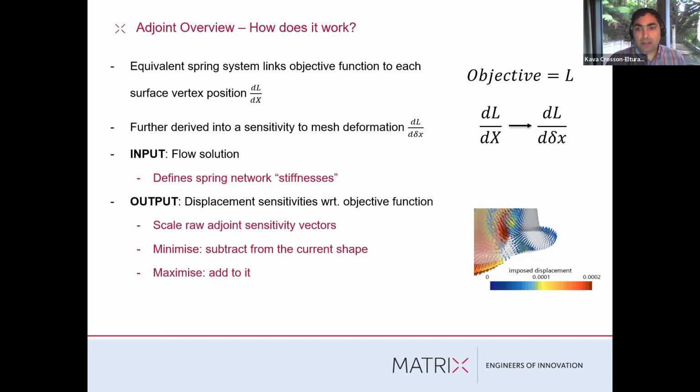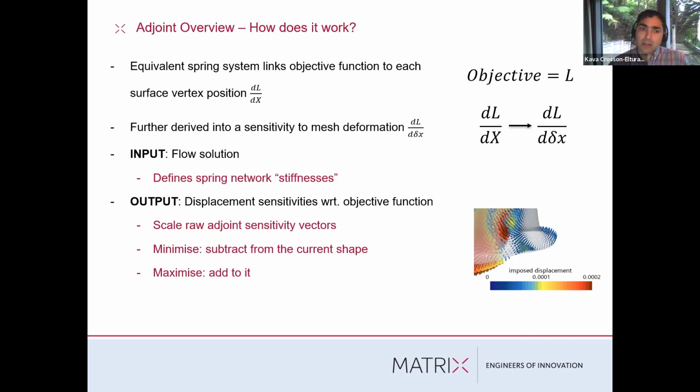So basically what you end up with is a bunch of vectors that show you how sensitive your local vertex position, or variation in position rather, is to the objective function. An objective function can be anything you like, but there's a range of stuff you can choose, such as drag or lift or even vorticity and stuff like that. So it's quite flexible, right?